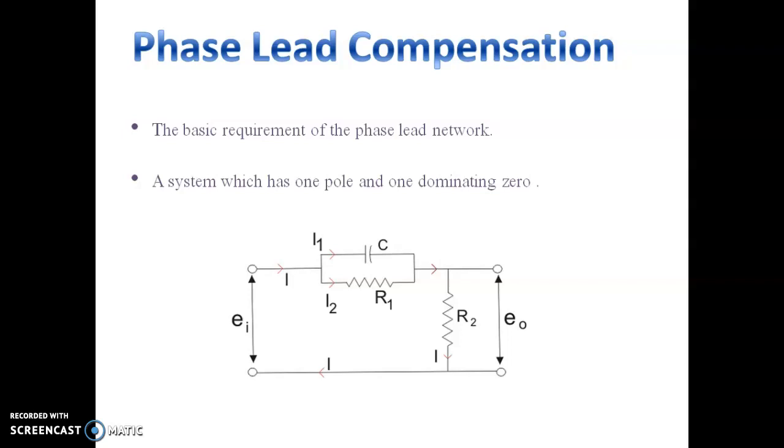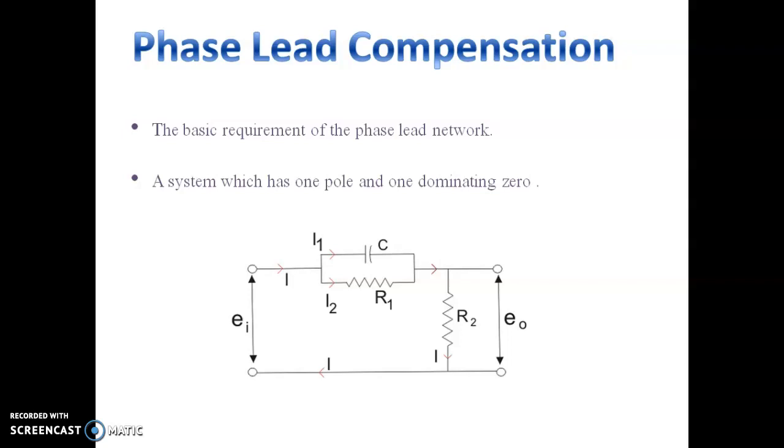Phase lead compensation. A system which has one pole and one dominating zero. Dominating zero means that the zero should be closer to the origin than all other zeros, right? So this is known as a lead compensating network.